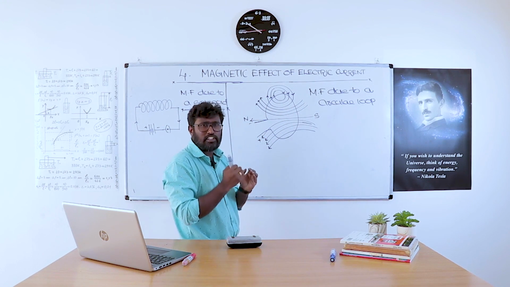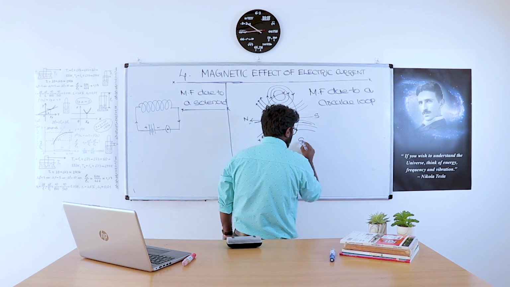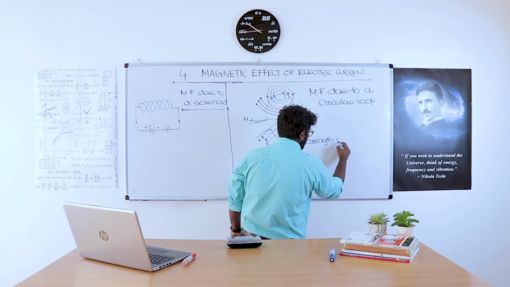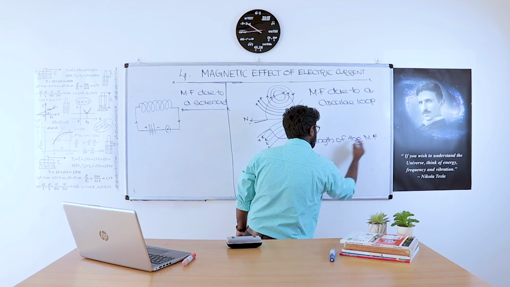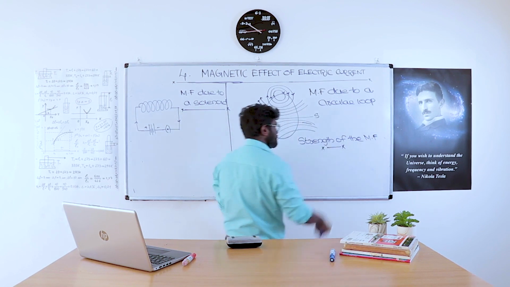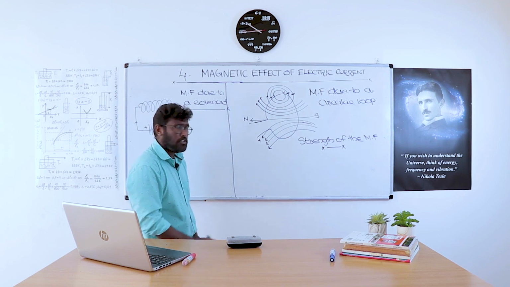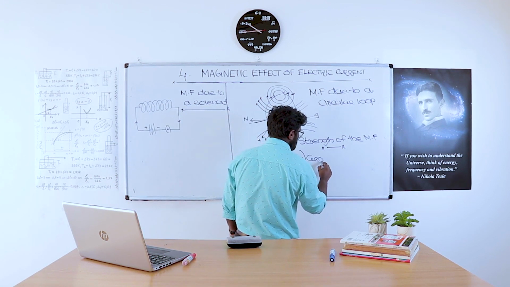What are the factors affecting the strength of the magnetic field in the case of a circular loop? There will be two factors affecting the strength of the magnetic field in the case of a circular loop.